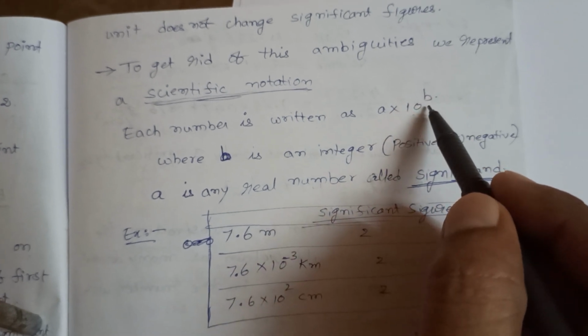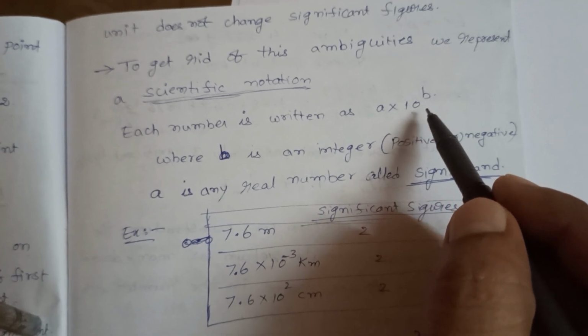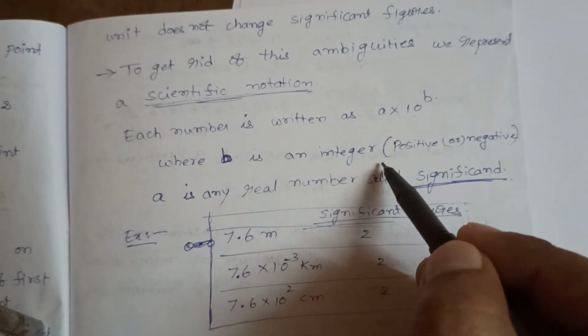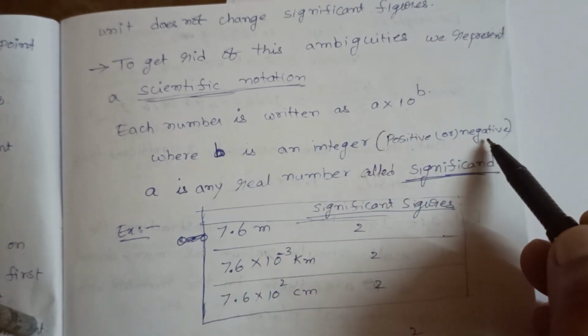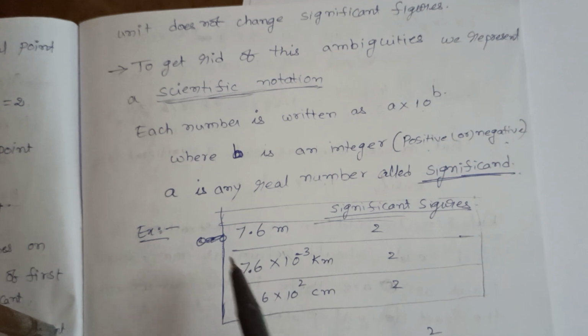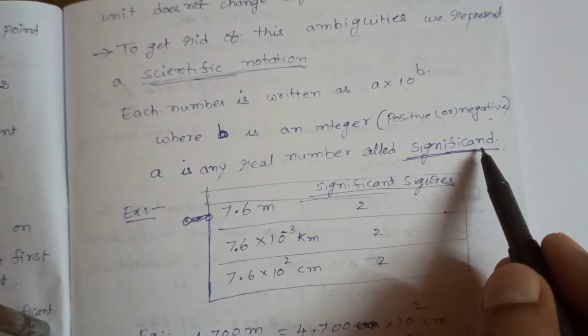This is the scientific notation while converting the units, where b is an integer, positive or negative, no problem. So b is a positive or negative number. And a is any real number, called the significand.